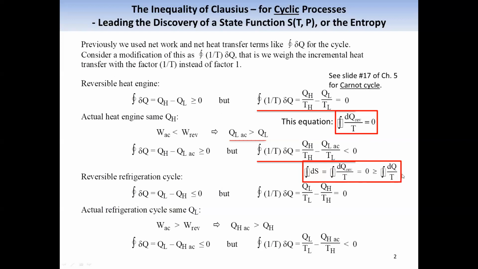Now, this equation tells us two things. Number one, in the actual process, when the fluid completes a complete cycle, the overall integral of the heat transfer over T is going to be greater than the idealized cycle.